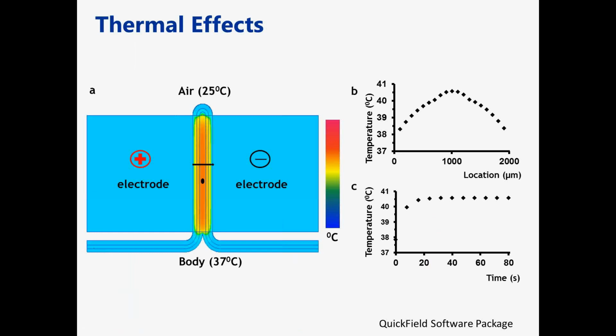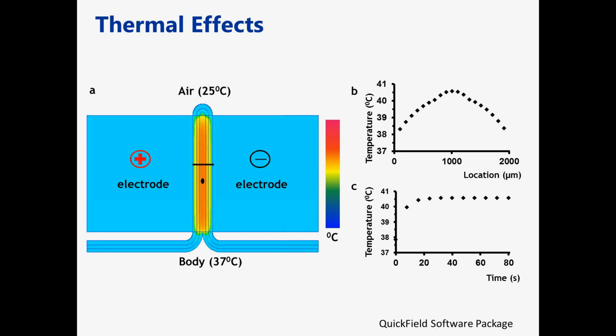Once we apply 1000 pulses, we can first see the electric field distribution, and next we can see the temperature distribution. It's important to remember that in our case, we have a body which heats the tissue from the bottom, and we have the air from the top, which cools the whole system.